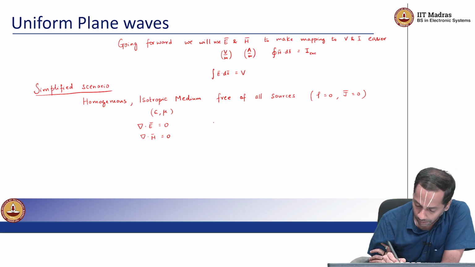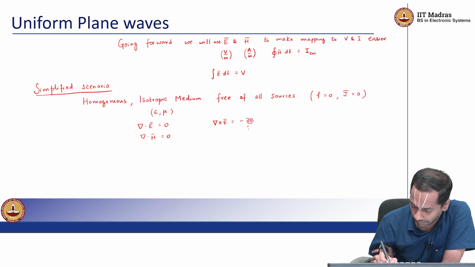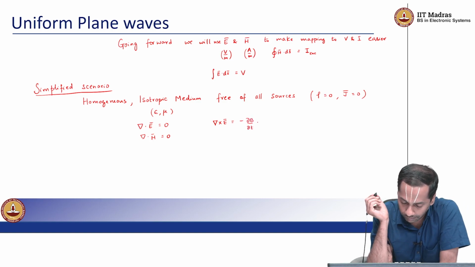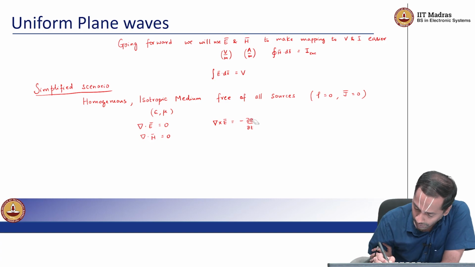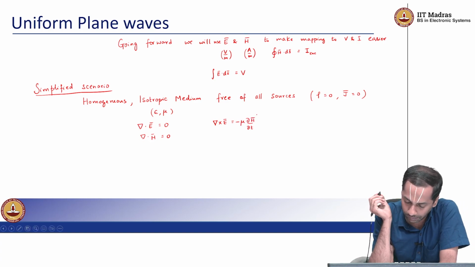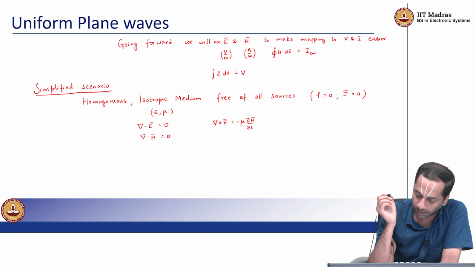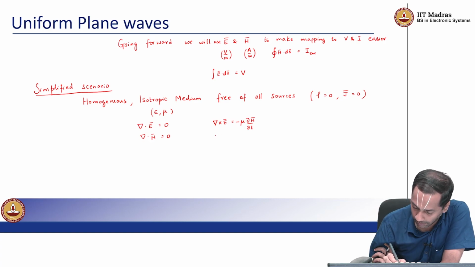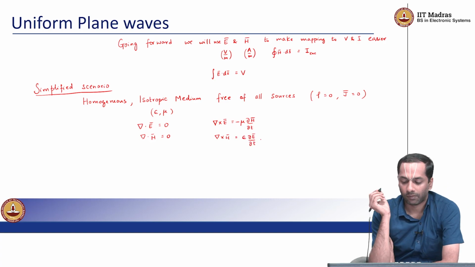And then the other two equations involving the curl, so remember we are now using H instead of B. So we have curl of E is minus mu dou H by dou T, and curl of H is epsilon dou E by dou t, right.